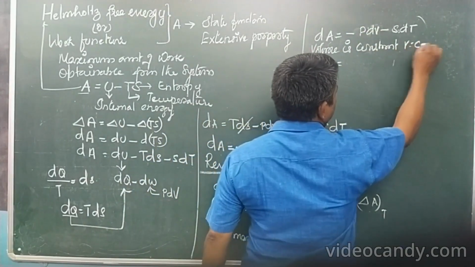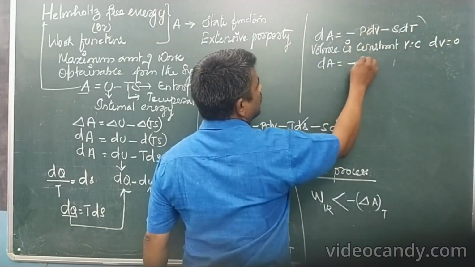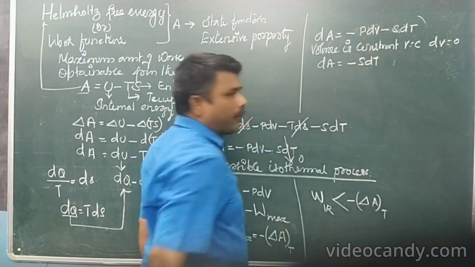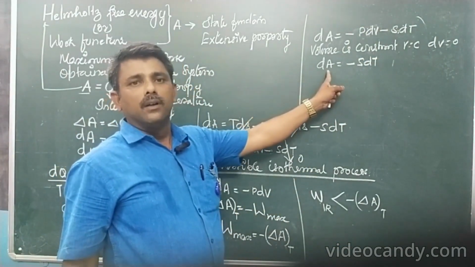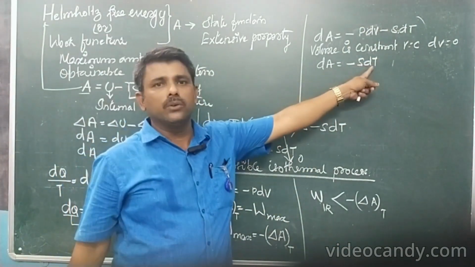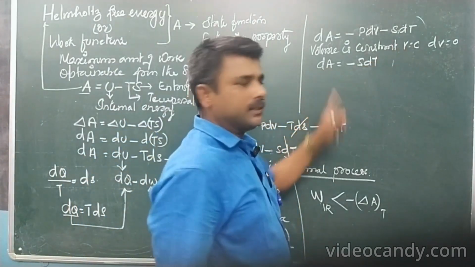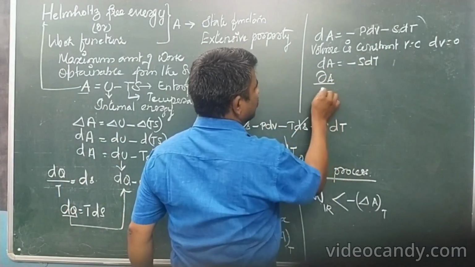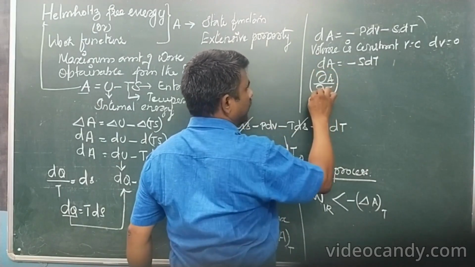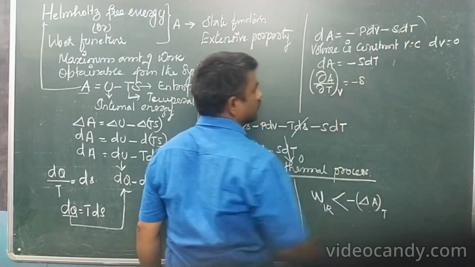V is equal to constant, dV is equal to 0. Hence this equation becomes dA is equal to minus S dT. Differentiating with respect to temperature at constant volume, dou A by dou T at constant V is equal to minus S.